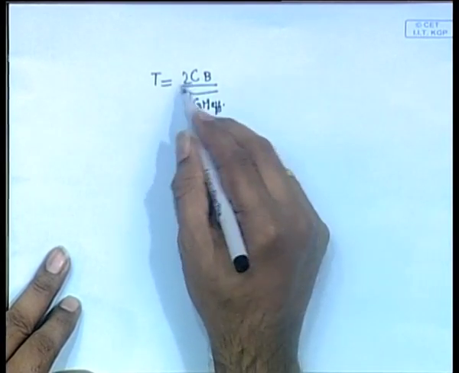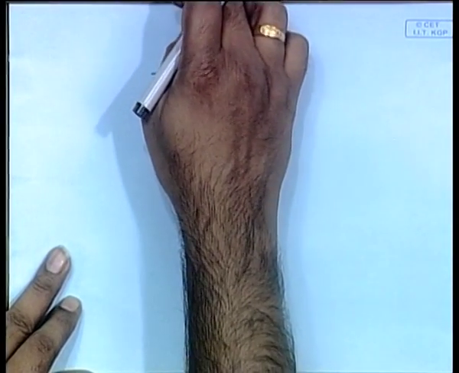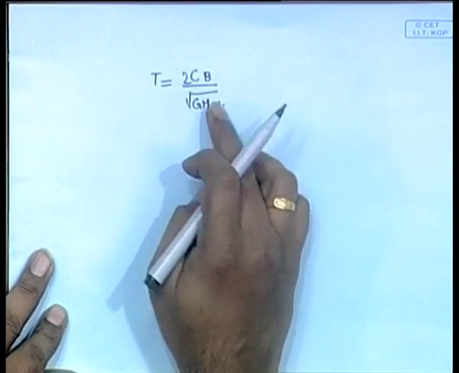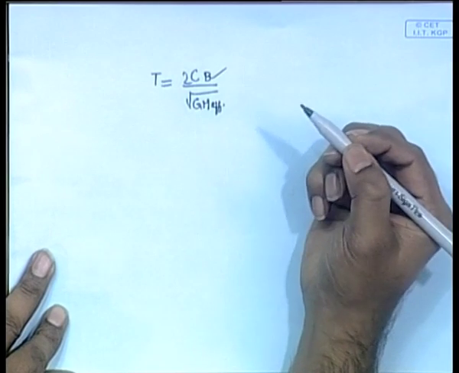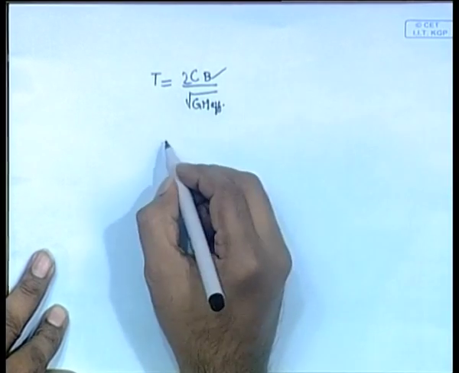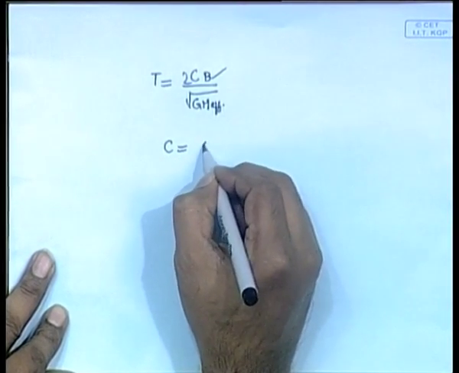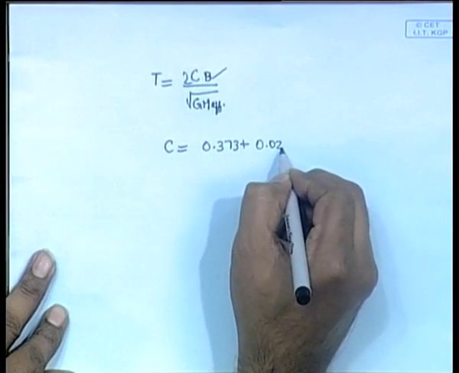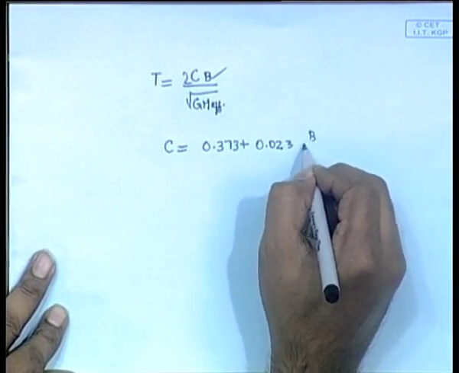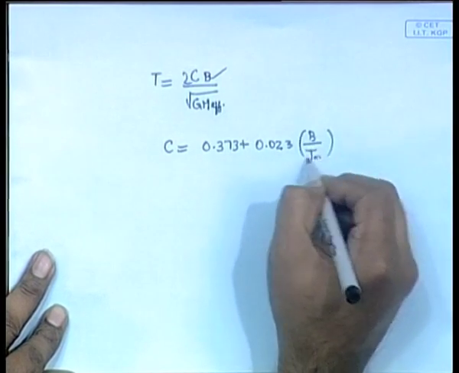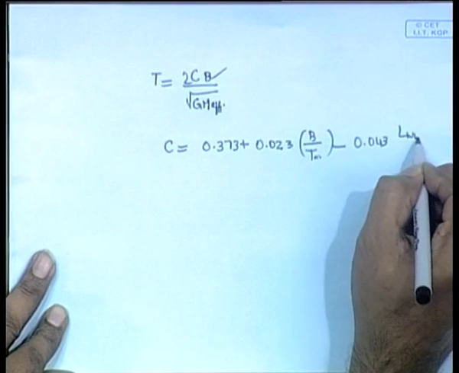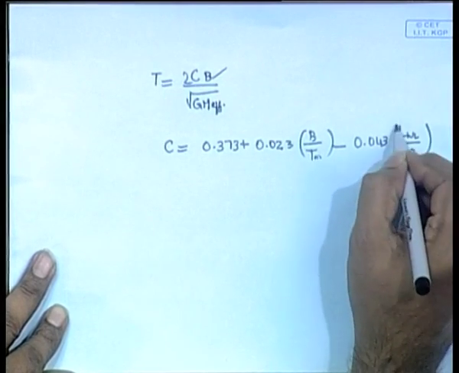We are going to explain the equation for dynamics, but this comes in between. The time period is given by 2 C B by root GM effective, where B is the breadth of the ship. C is a constant that is given by a big equation.